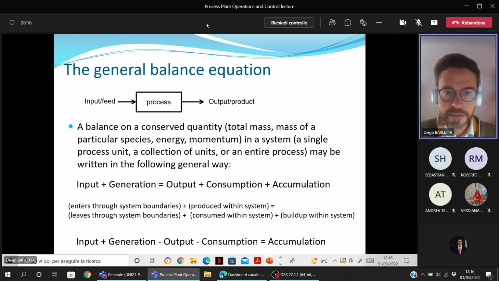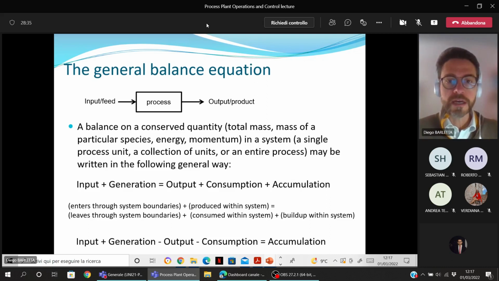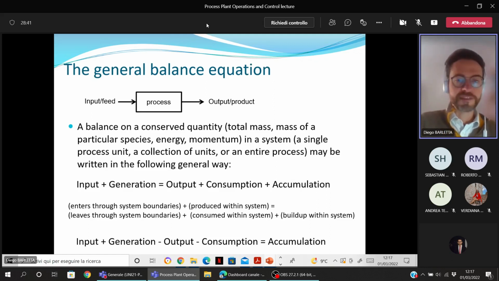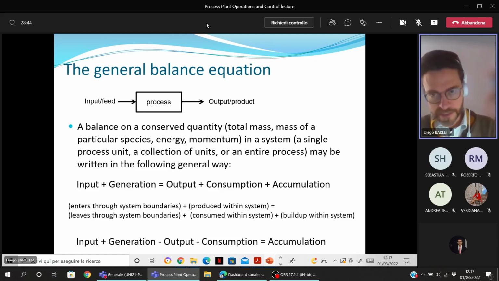Then we have the generation and the consumption terms that are two opposite terms somehow, because generation is we are producing material inside the system. Consumption is that we are consuming material within the system. Okay, and so in fact, we find these two terms, one on the left-hand side and the other one on the right-hand side. And then we have accumulation.